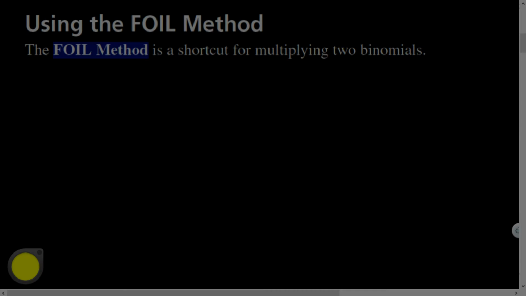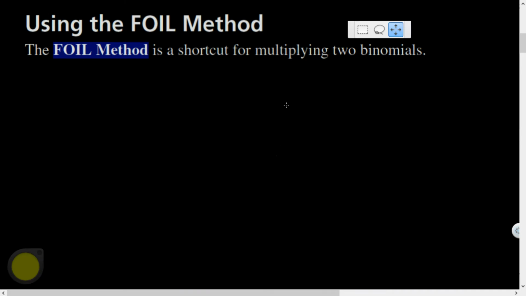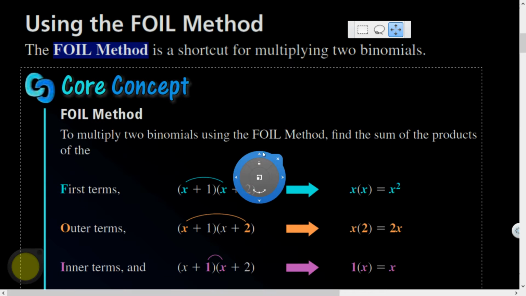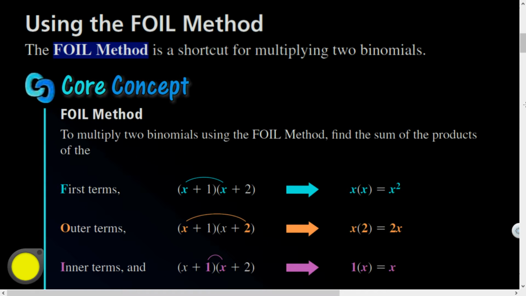Let's see, I'll put it up here for you. So the FOIL method stands for, it's an acronym, and I want to point out it only works for binomials.